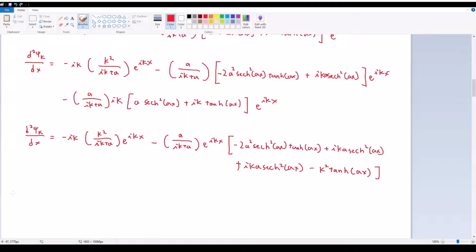Okay, these two are going to combine. We're going to get d2 psi k by dx squared. I forgot the square down here as well.